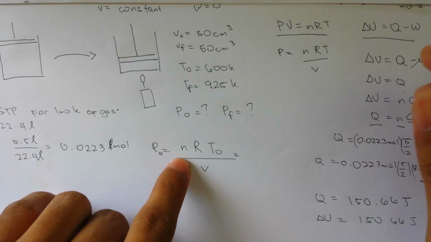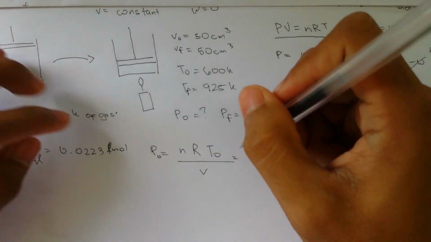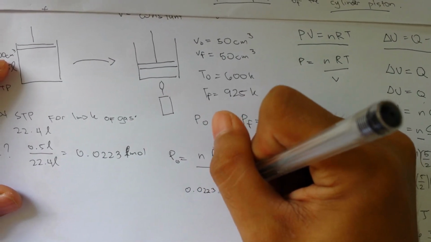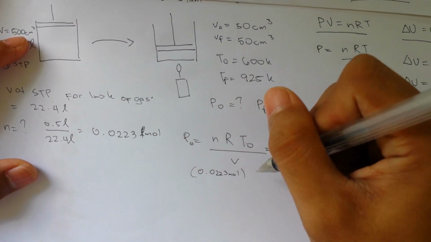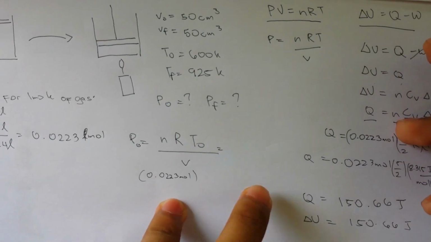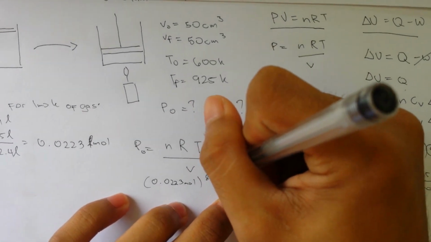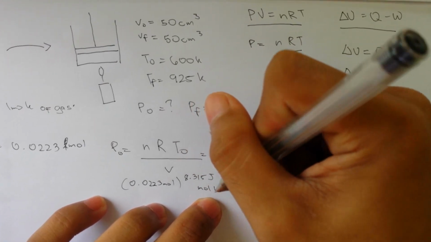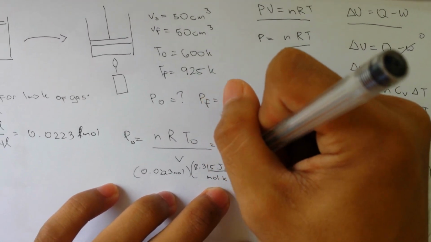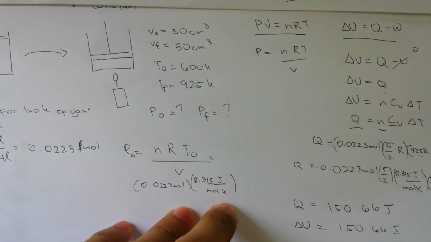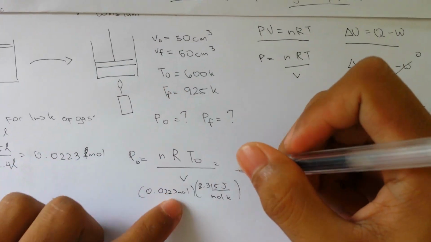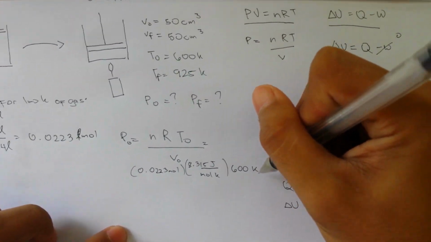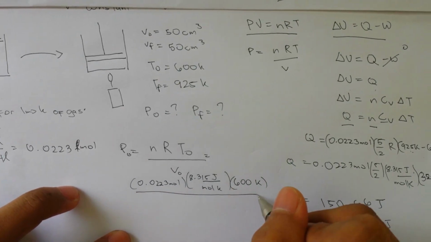We have a value for the mole, which is 0.0223 mole, multiplied by 8.315 joule per mole Kelvin, and the initial temperature is 600 Kelvin, and the initial volume.